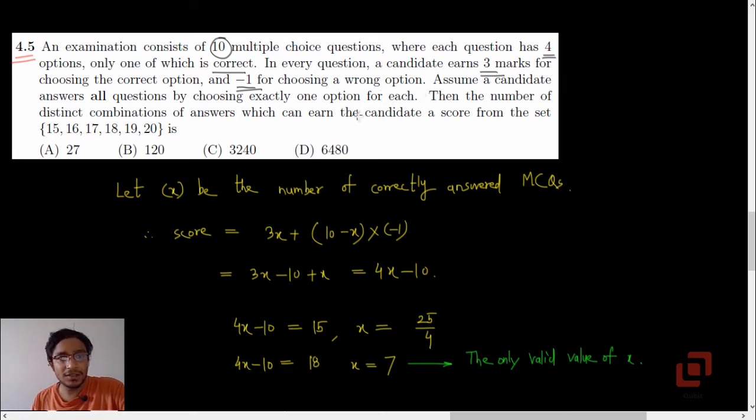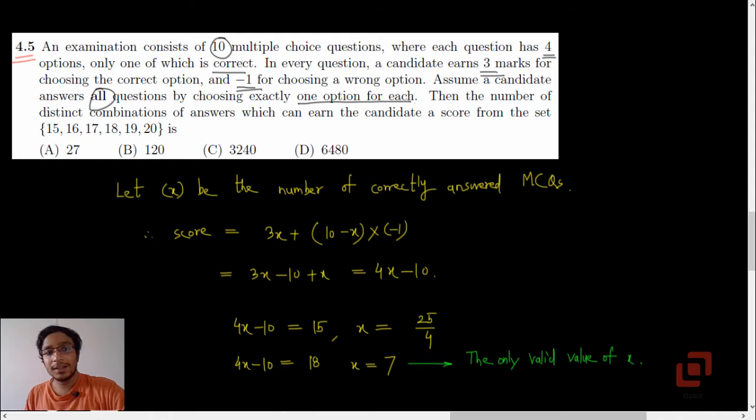Assume a candidate answers all questions by choosing exactly one option for each, like you. Then the number of distinct combinations of the answers which can earn the candidate a score from the set 15, 16, 17, 18, 19, 20 is.